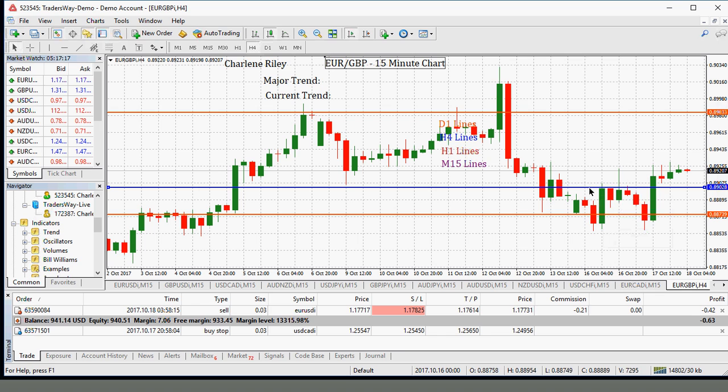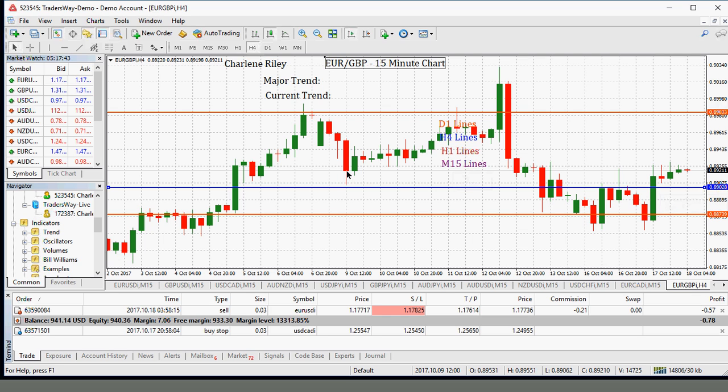So right now, at this candlestick, this line is resistance. But once you've gotten up here, if the market goes down, this line then becomes support. So that's how a line can be resistance at one point and then support at another.